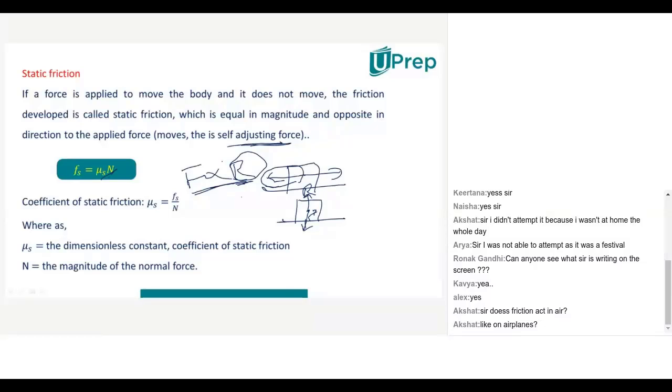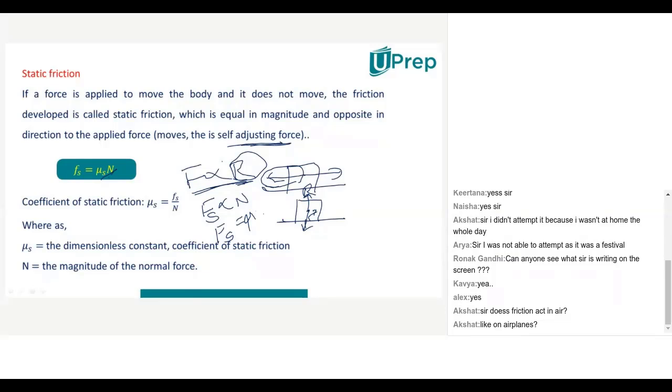Now, here in this case, I am writing again. The frictional force which is acting between two surfaces when the object is in a state of rest will be called static frictional force, and this static frictional force will be proportional to the normal reaction. Instead of writing R for normal reaction, we are writing N. So when we remove this proportionality, just like in the previous class, I told you we have to write mu here, and that mu will be called the coefficient of friction.